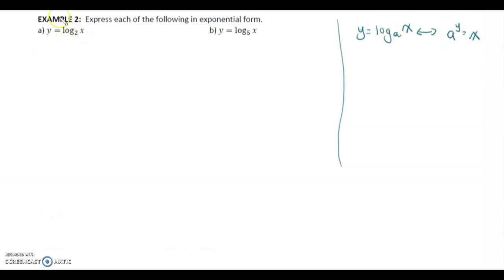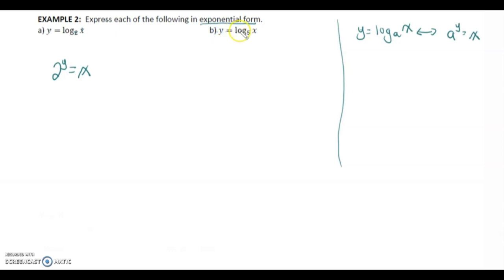Okay, same thing. So coming over here, 2 to the y equals x. This is saying again, 2 to what exponent gives us x. And that's it. That's all this question is asking for. Just rewrite in exponential form. Done.